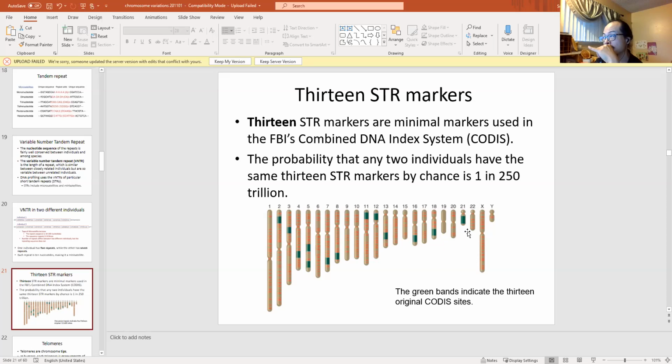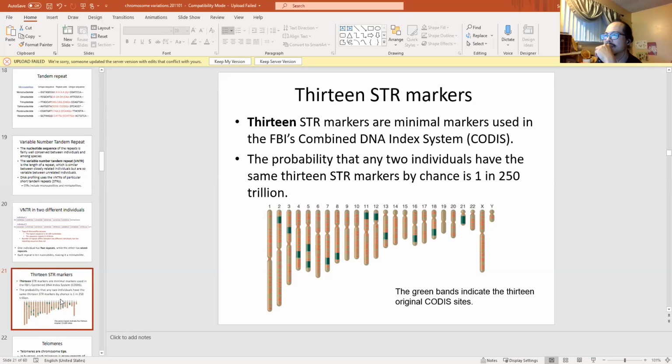This is the repeats, and the length of the repeats can vary between people. If all these 13 are exactly the same, man, that is you. You know, that sample is from you. And if there is one difference, then it probably is from one of your relatives. So that's that.